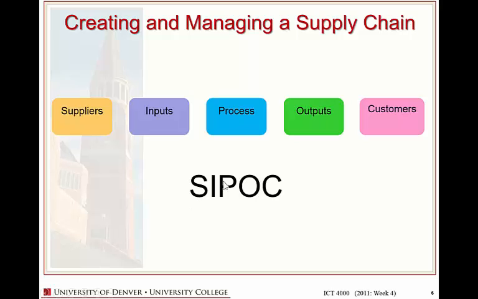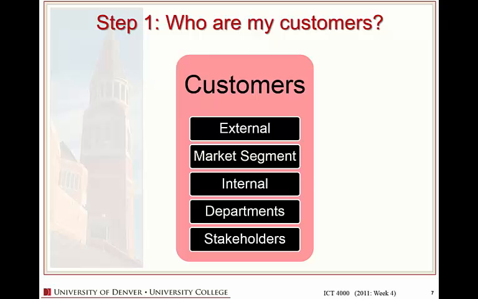The way we actually work through a SIPOC is that we work from right to left. We start with the customers and work to the left in terms of coming up with what the various elements of the SIPOC are. So first we'll take a look at customers, and customers can be either external, defined by a market segment, or internal, defined by departments and stakeholders.